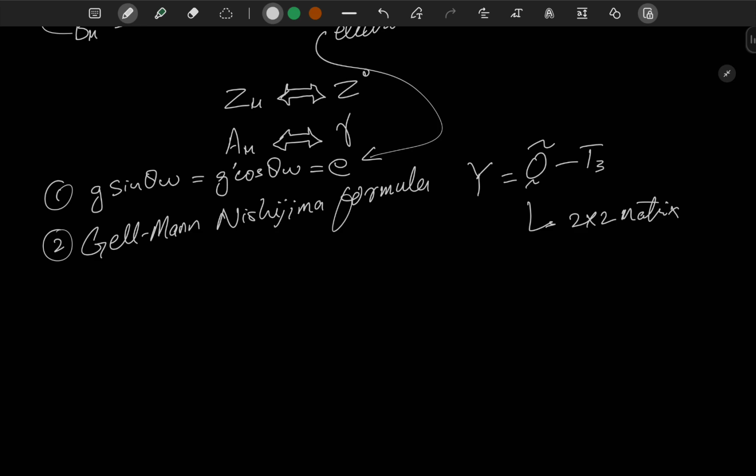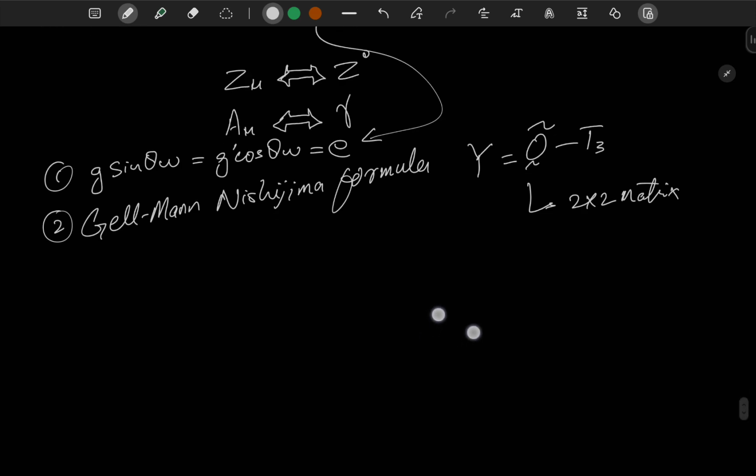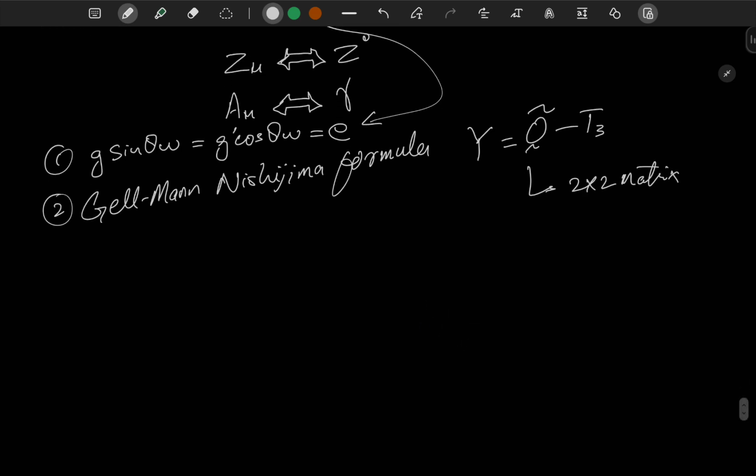The third component for up type quark is half, and for down type it's minus half.